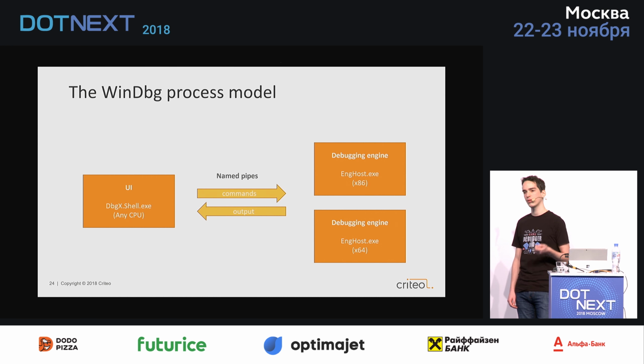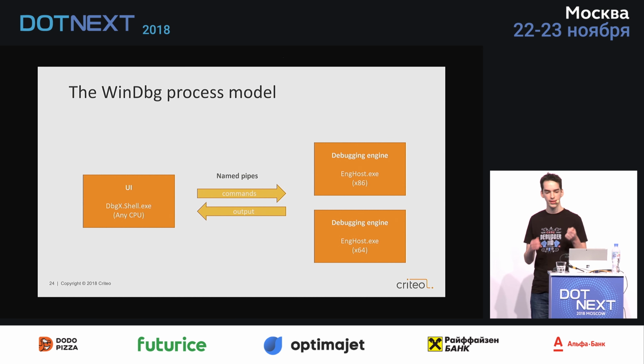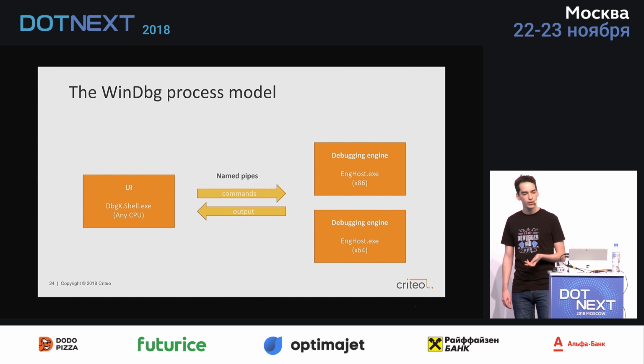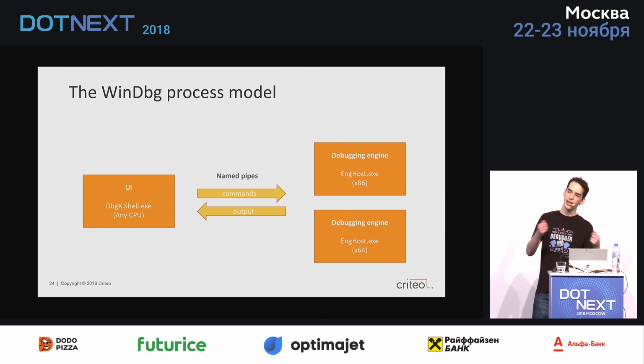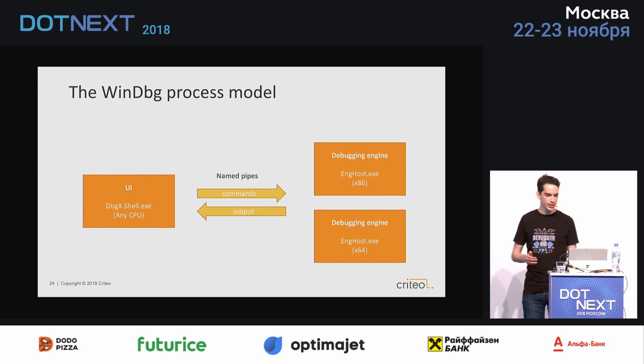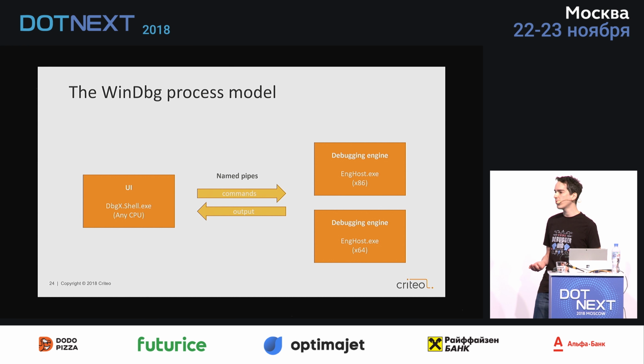One is 32-bit, one is 64-bit, and it launches the right one depending on your target. Then it uses named pipes to communicate with the child process, to send commands and to get the output back. That's pretty nice, but why is that a problem for us?